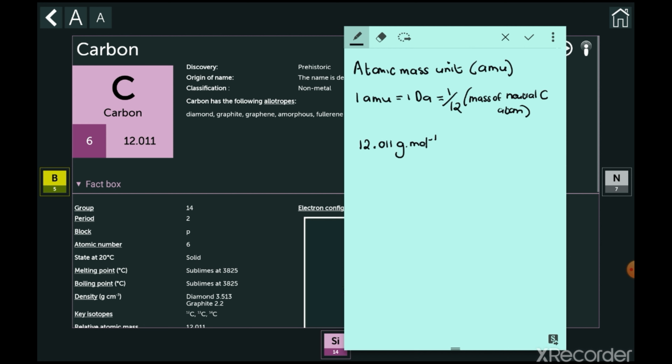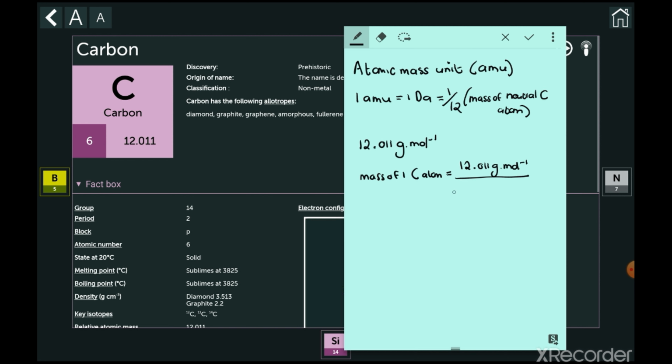So now you have grams per mole. If you want to get the mass of one carbon atom, you will say, well, you've got 12 grams per mole, and we are going to take this grams per mole and divide it by Avogadro's number.